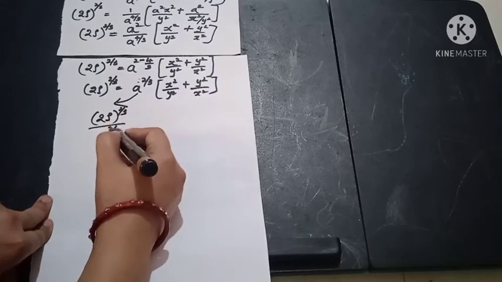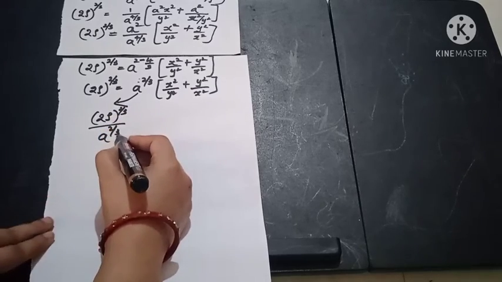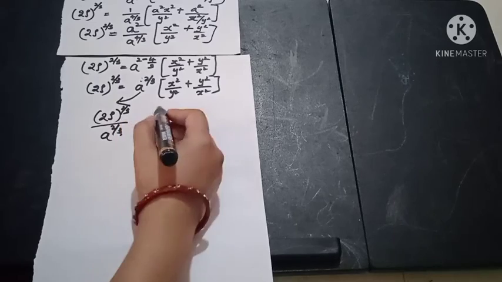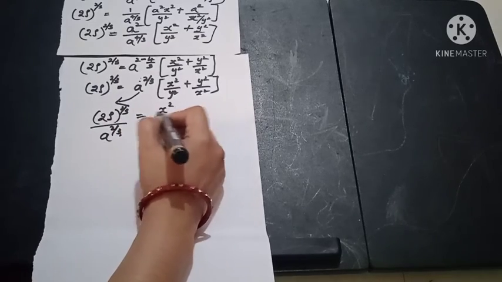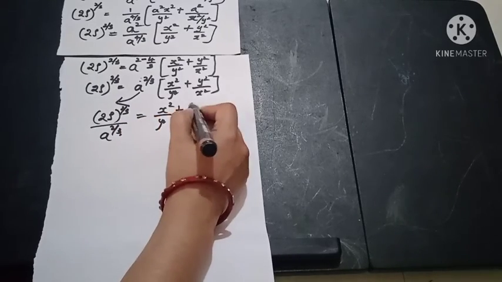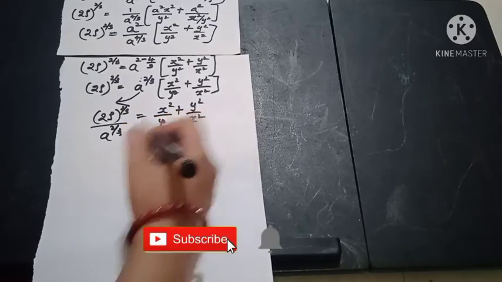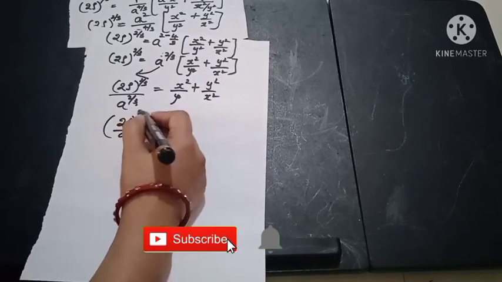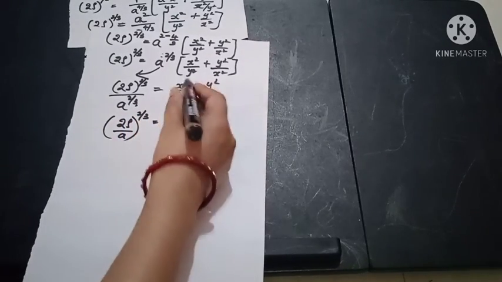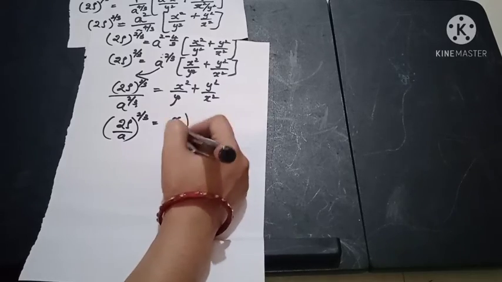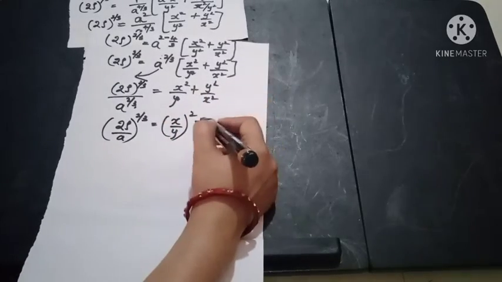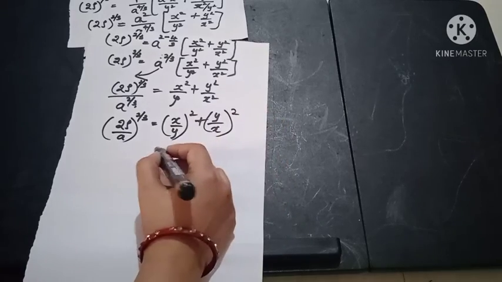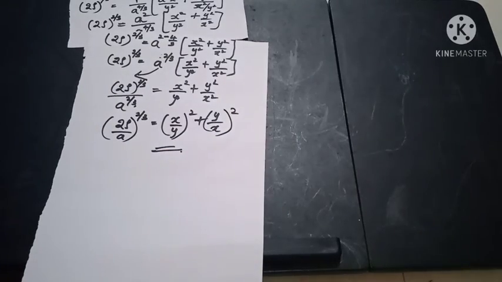Notice that the powers of both are 2 by 3, so we can write (2ρ/a)^(2/3) equals x^2/y^2 plus y^2/x^2. I'll write this as (2ρ/a)^(2/3) equals (x/y)^2 plus (y/x)^2. This is what we required.